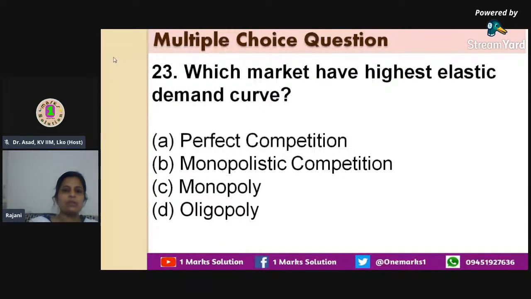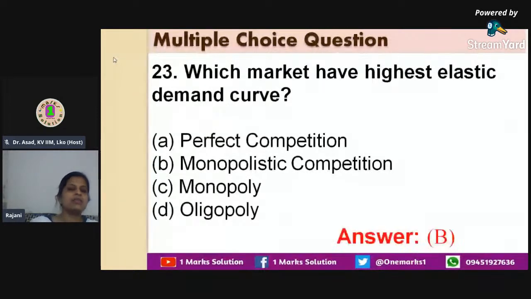Next one: which market has the highest elastic demand curve? Perfect competition, monopolistic competition, monopoly, oligopoly. Highest elastic demand curve. Which one should be the correct answer? Monopolistic competition.